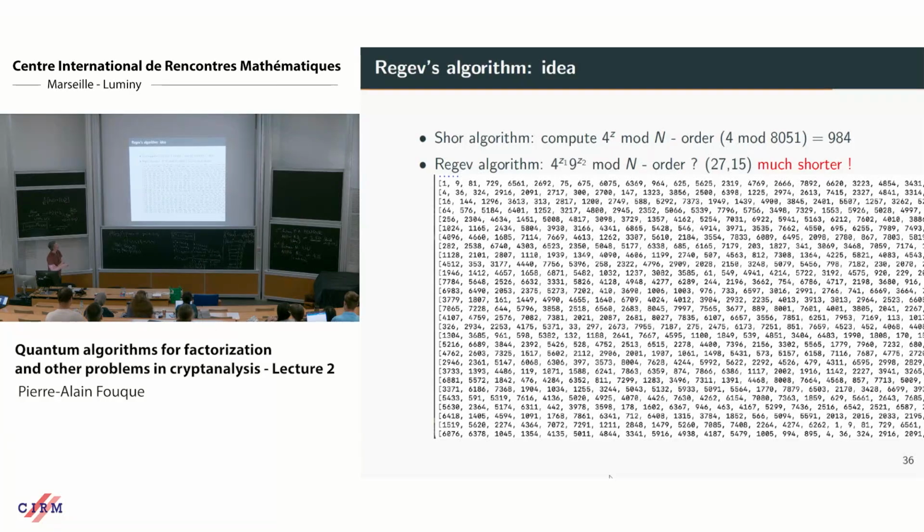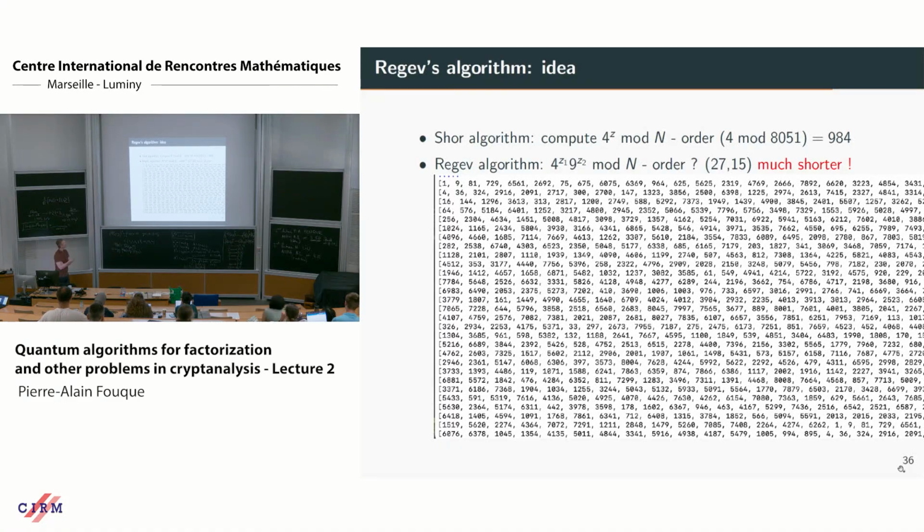Okay, and for the second line, you have 4, 36, etc. And I have 4, 36, etc. Okay, so I computed all this row, and now I have a two-dimensional period, but it's not a big deal. I can always apply Shor algorithm for a two-dimensional period. And now I can find that the order on this instance, in fact, is 2715.